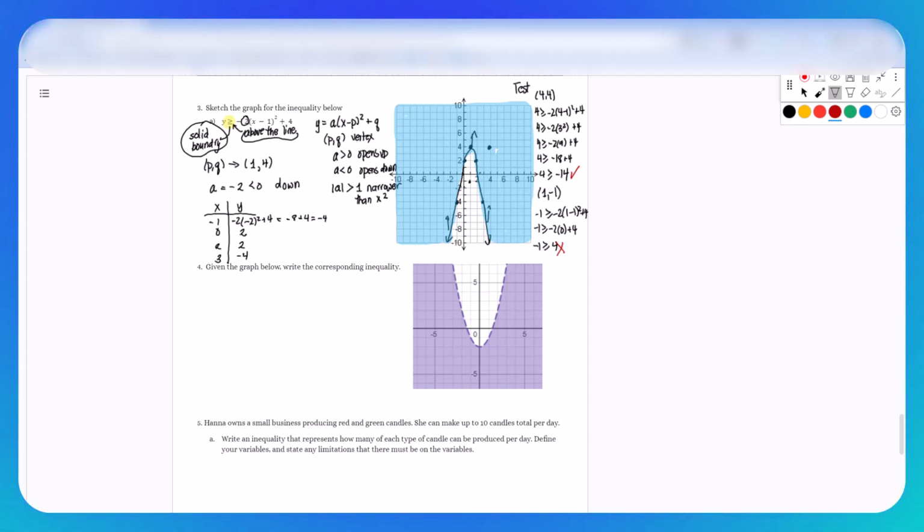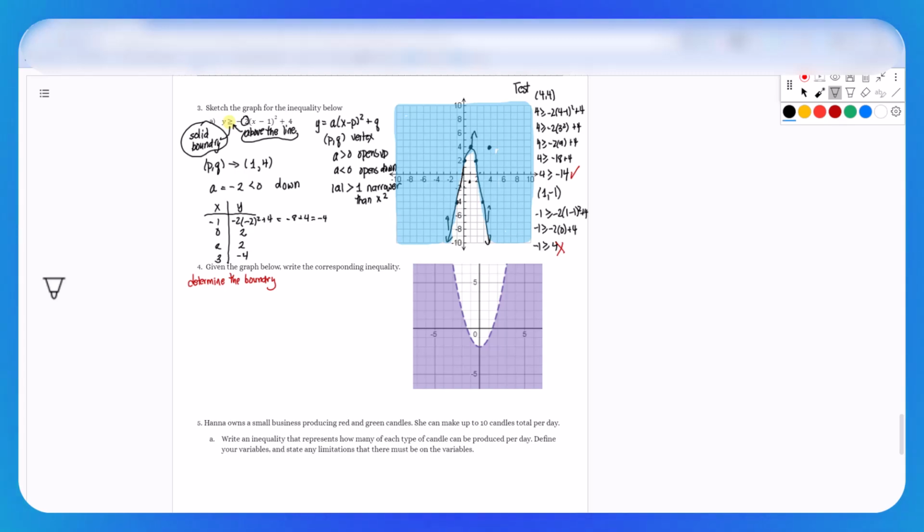Now let's go ahead in the next one and graph the corresponding equality for this. So now what we need to do is determine the boundary line based on our graph.